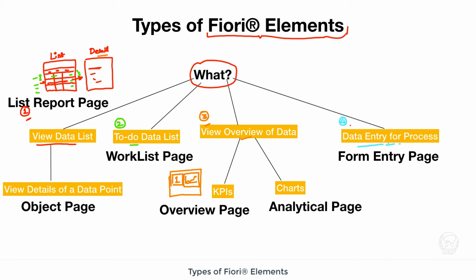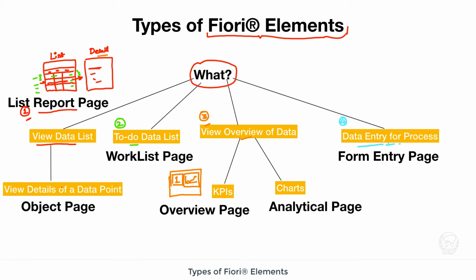If we see the technical names, the name for category 1, which is just listing the data and also has the capability to navigate to the details, is called the List Report page.